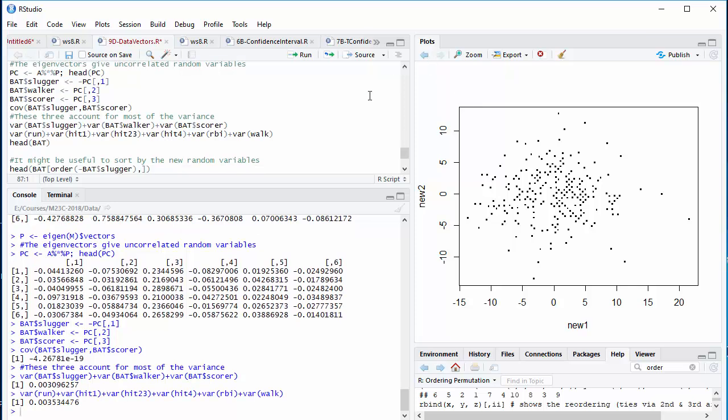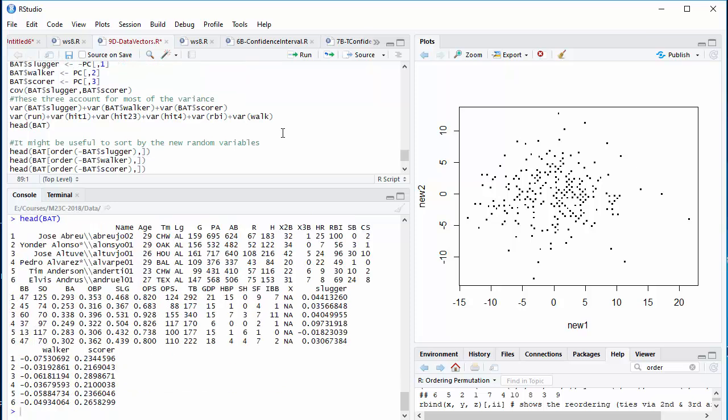If I used all 6, remember the sum of the variances is the same before and after the transformation, I get 0.0035. So with half the number of variables, I'm accounting for 6/7 of the variance. And now I can add these on as extra columns in my data frame: slugger, walker, and scorer.